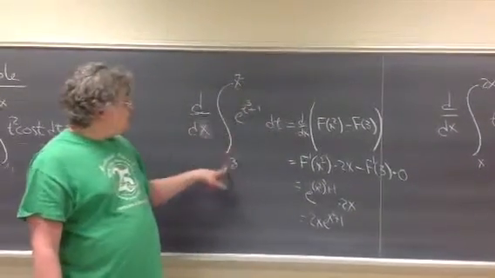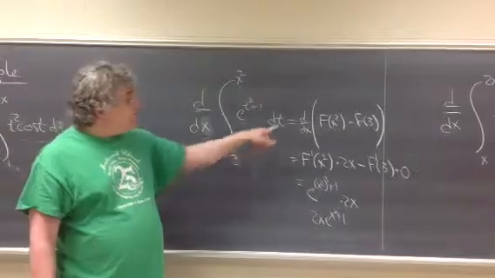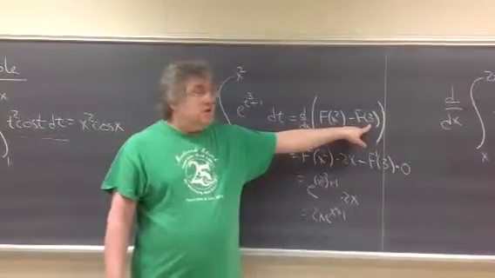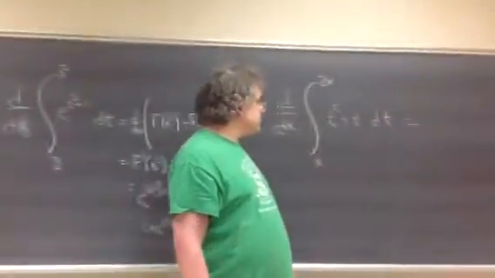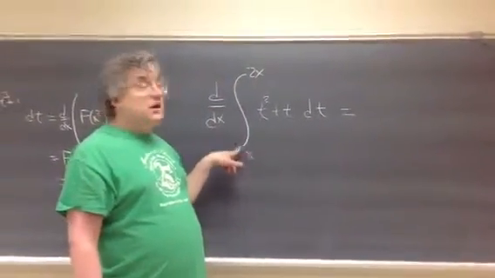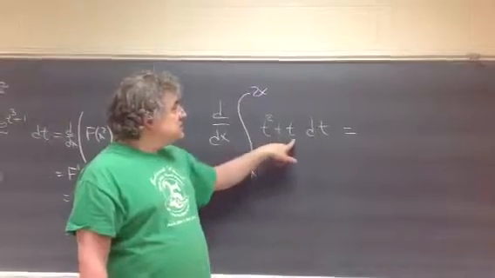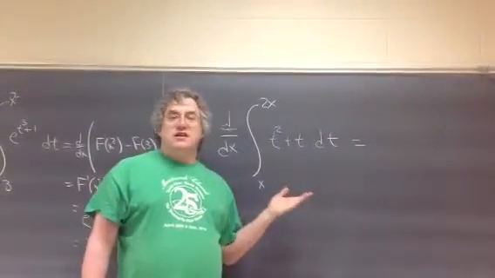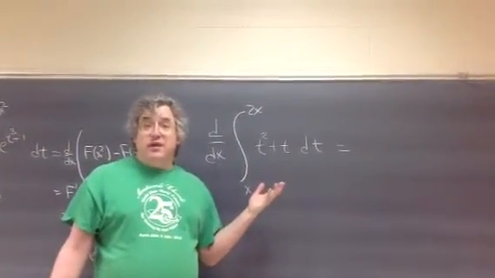What happens if it's down here, if there's an x down here? Well, then we're going to have some over here too. So let's do an example like that. Take the derivative of this integral, the integral from x to 2x of t squared plus t dt. Now this integral is actually not as convoluted as you might think.